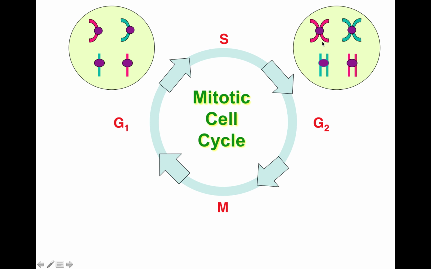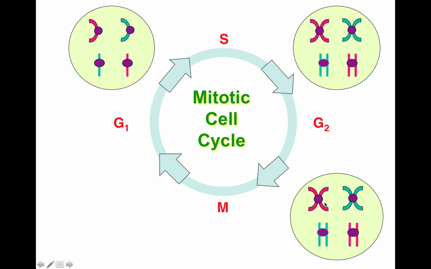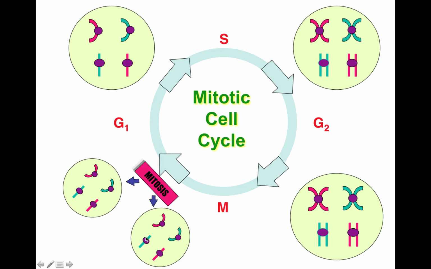They are held together, and at the end of G2, the chromosomes have condensed. During mitosis, these sister chromatids are going to separate from each other and produce two new daughter cells with the same genetic composition as the original mother cell.